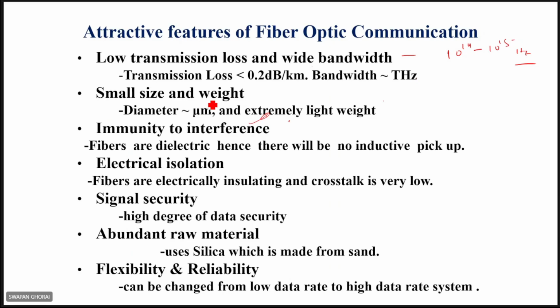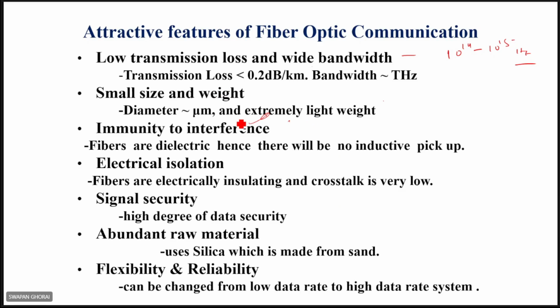Next, it has very small size and light weight. I'll show you the different dimensions of optical fibers. If it is a single mode fiber, the core diameter will be 2 to 10 microns.